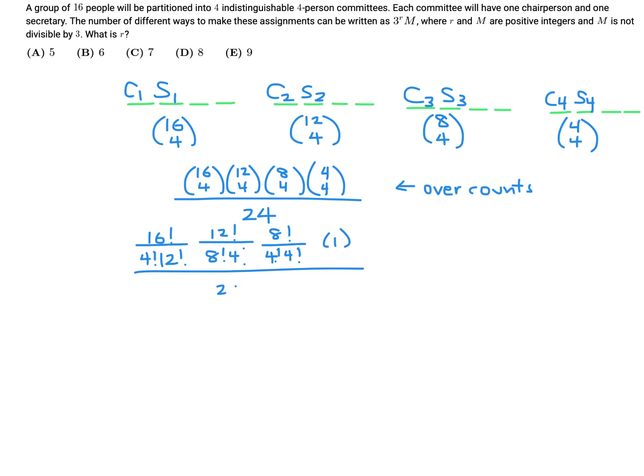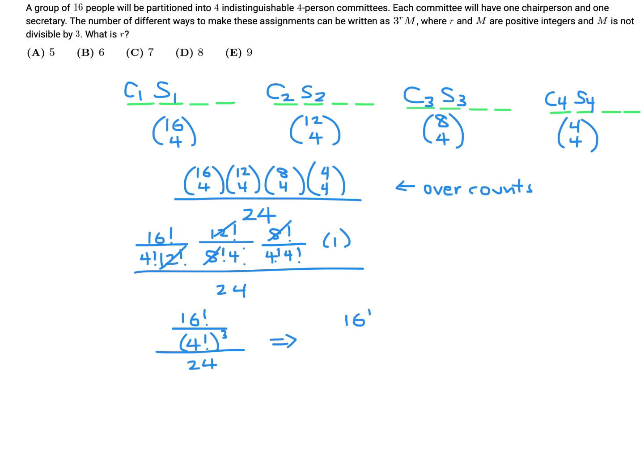And then that's a nice 24. That 12 cancels with that, and that 8 cancels with that. So I'm just left with 16 factorial over 4 factorial, and it looks like there are 3 of them. And then don't forget that 24.